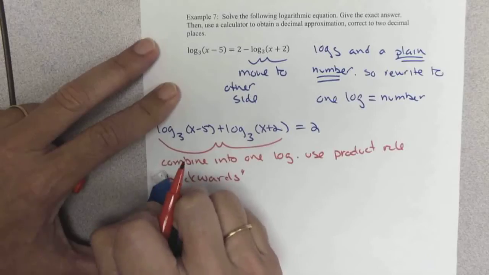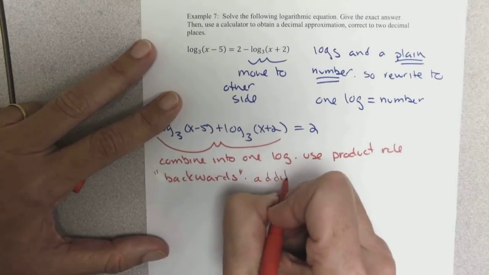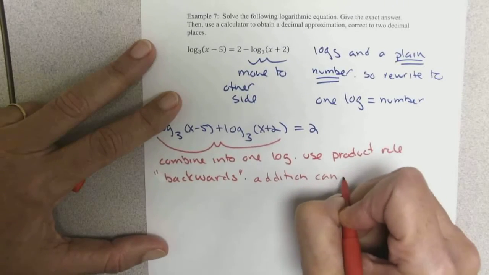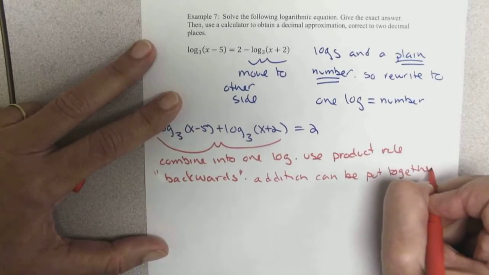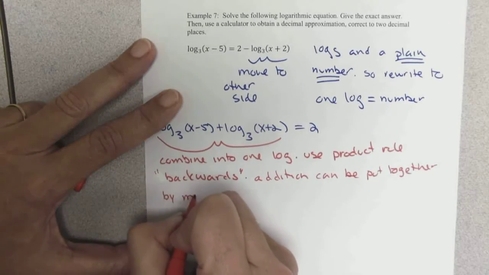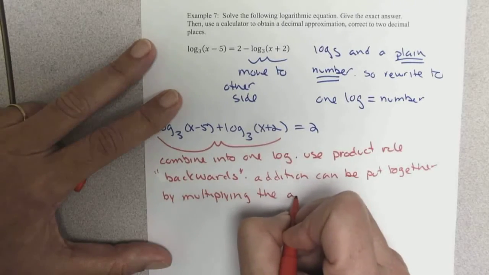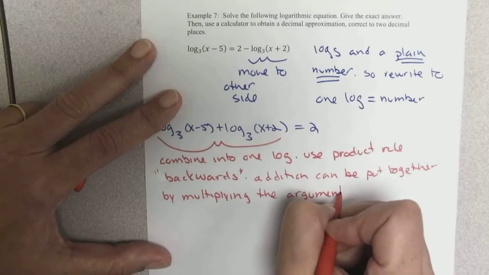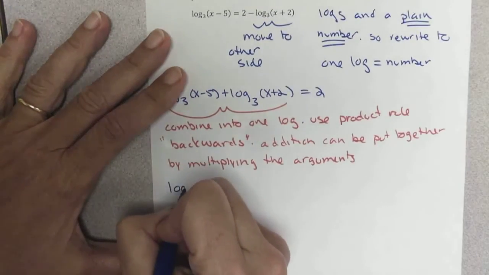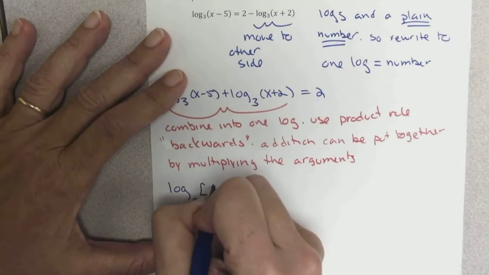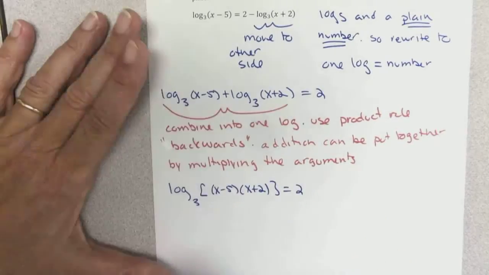Product rule backwards said that addition can be put together by multiplying the arguments. So this becomes log base 3 of x minus 5 times x plus 2 equals 2.